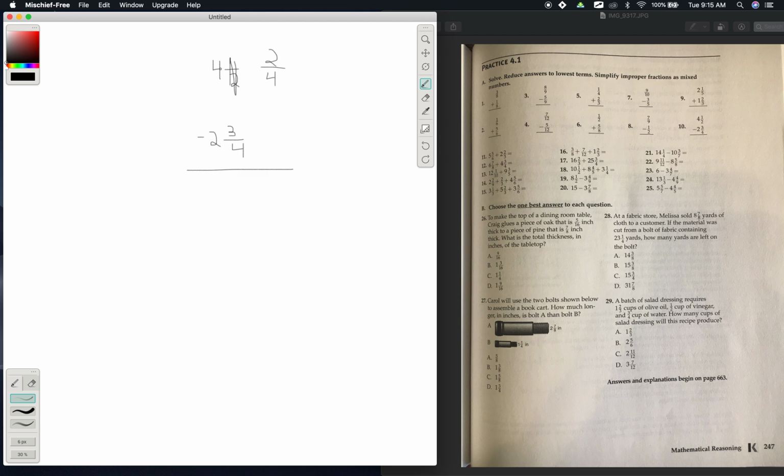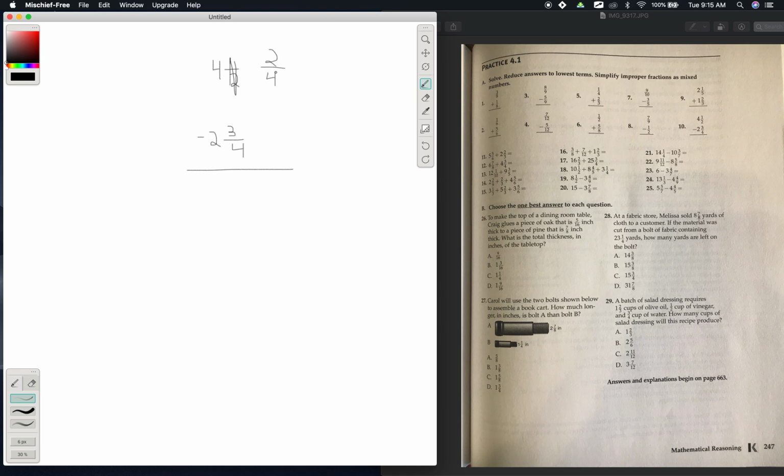And we know that each one in this 4, and this is just coincidence, would equal this amount here, because this is telling you how much it takes to equal one whole number.